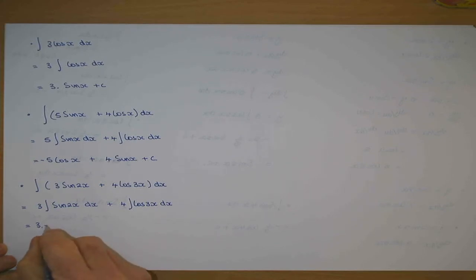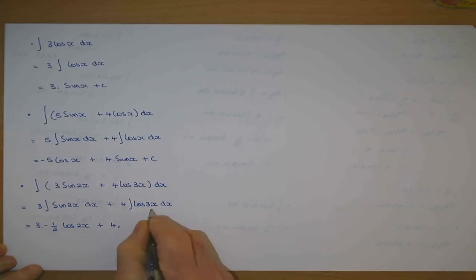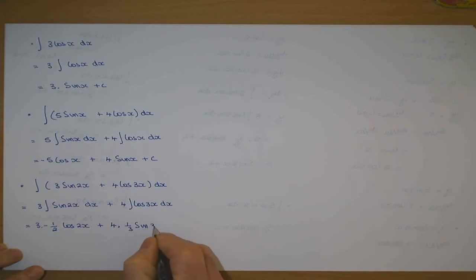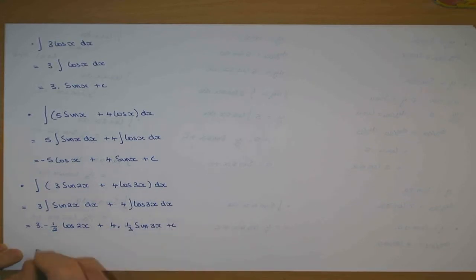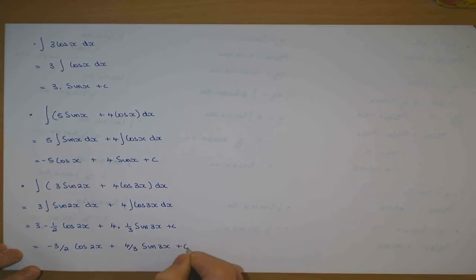A half. So it's minus a half cos 2x plus 4 times, for the 3x, 1/3 sine 3x plus c, which is minus 3 over 2 cos 2x plus 4 over 3 sine 3x plus your constant. Do you understand that?